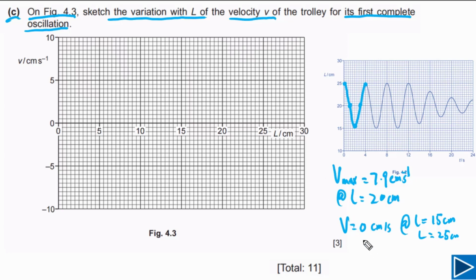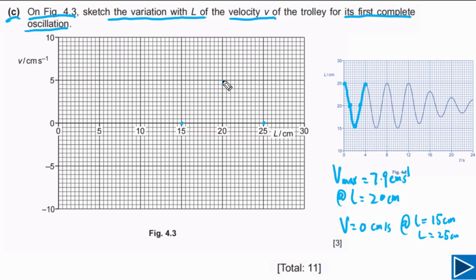First of all, look at when V is equal to 0. V is equal to 0 when L is equal to 25 centimeters. So at this point V is equal to 0, and V is equal to 0 at this point as well. V is maximum when L is equal to 20 centimeters, and the value of V is 7.9.